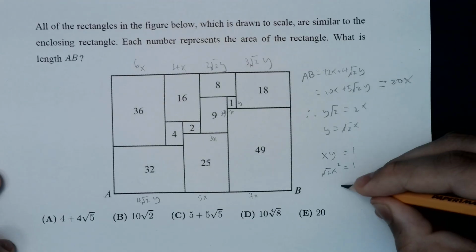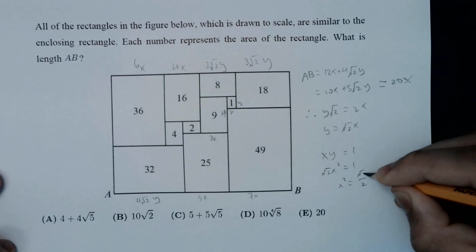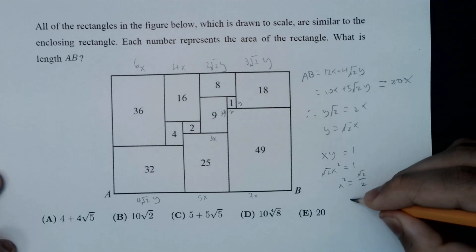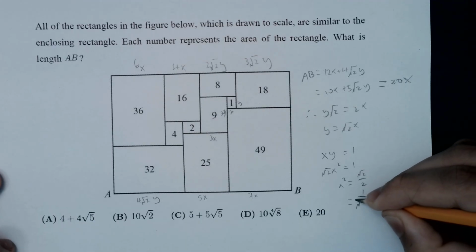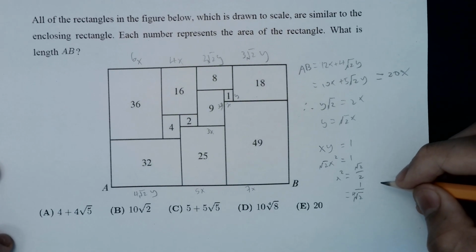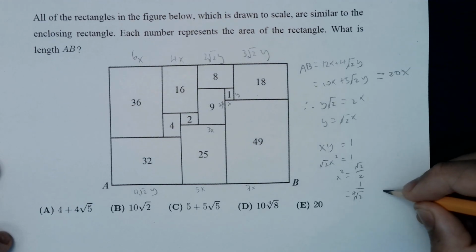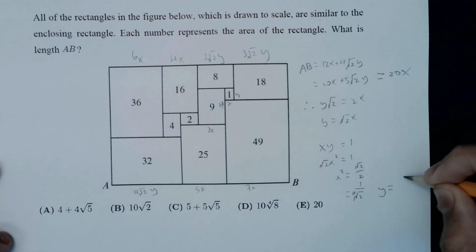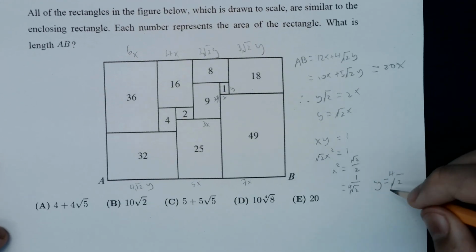Solving this, you'll see that x squared is going to be equal to 2 over square root 2, which, once you take the square root, turns into 1 over 2 to the power of 1 over 4, or the quad root, I guess. And this means that y is going to be the direct inverse of that, which is 2 to the power of 1 over 4.